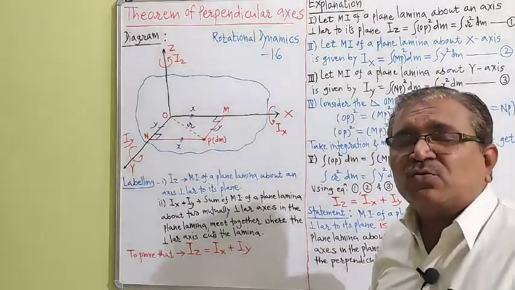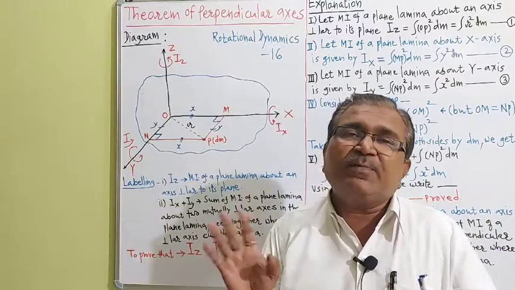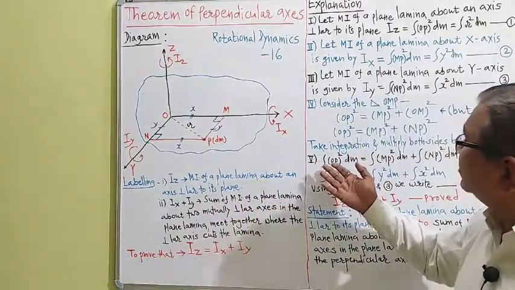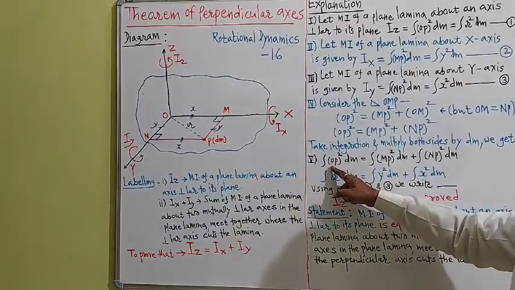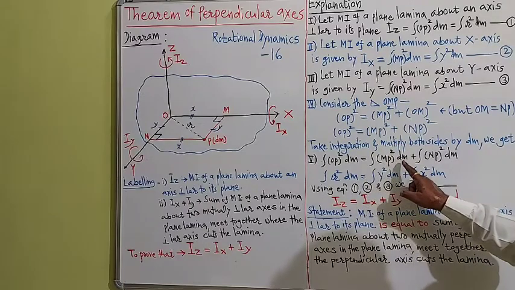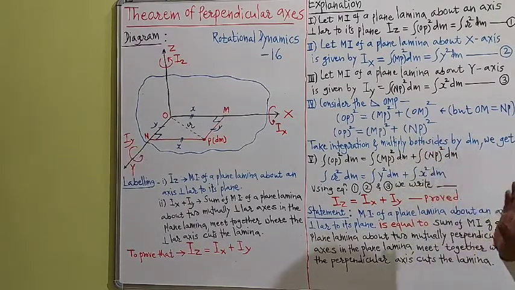Then what we have to do? Take integration on both sides. Multiply it by dm on both sides. We'll get integration of OP square into dm is equal to integration of MP square into dm plus integration of NP square into dm.